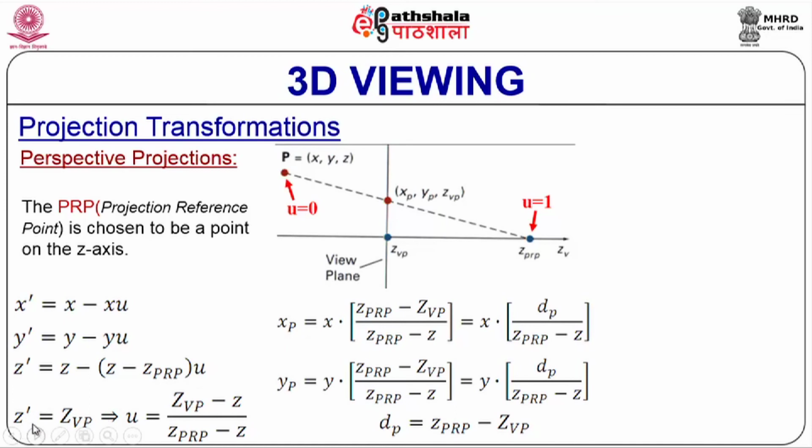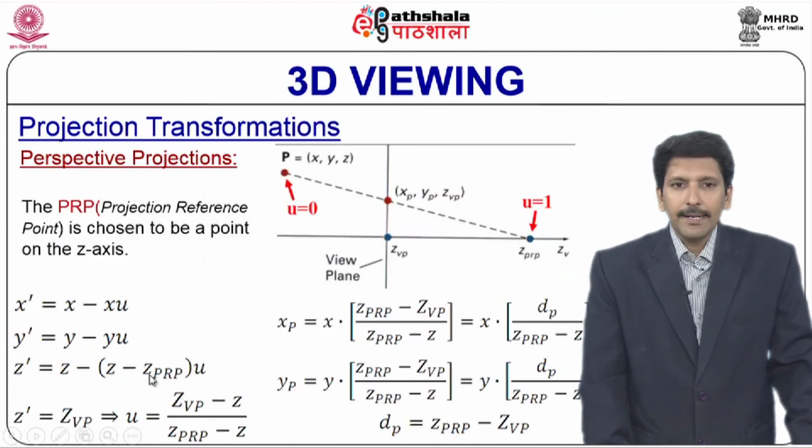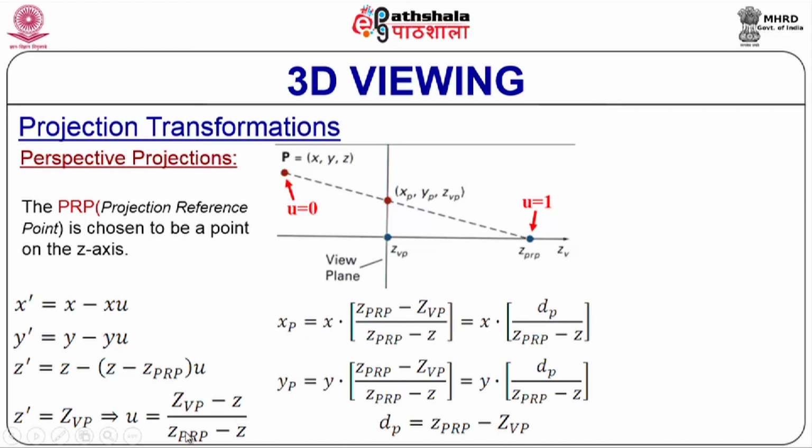It is like this. We know that z dashed is equal to zvp on the view plane. So z dashed is zvp, and substituting in the third equation, zvp is equal to z plus (zprp minus z) into u. Take all the rest onto the other side, and you will get u is equal to (zvp minus z) by (zprp minus z).